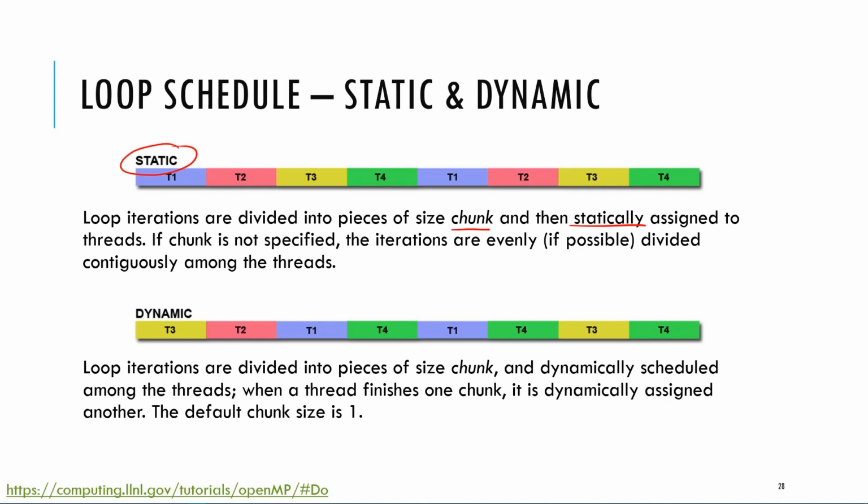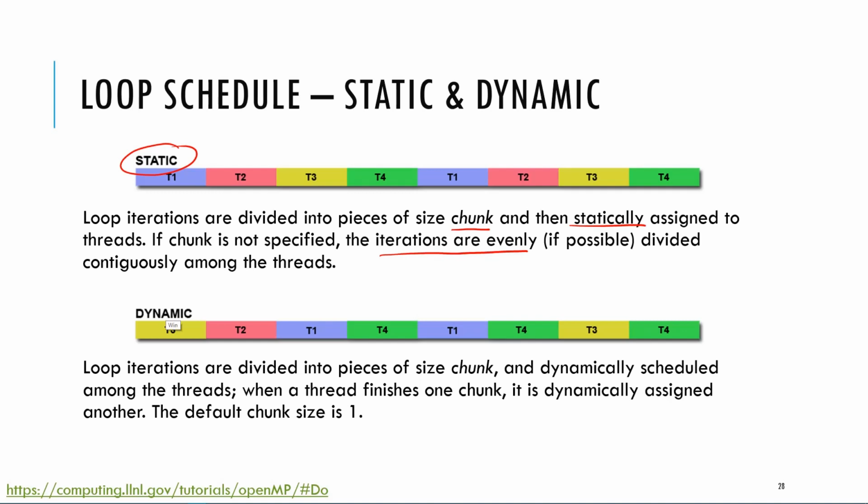By default, if the chunk is not specified, then the iterations are evenly, if possible, divided contiguously among the threads, as we have discussed earlier. This is the default scheduling, and this is why we had the earlier results when we didn't specify any particular schedule.